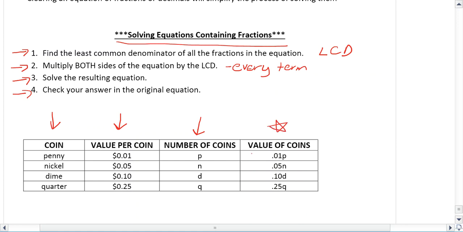When you're doing coin problems and you need to have a value equation, in other words, you have so many dollars in coins, this is how we use the variables together with the value of the coins to work in an algebraic equation. For instance, the number of nickels is N, and so the value we have, the amount of money we have in nickels, is 0.05N. So I would recommend writing this column down if you don't write down anything else from this table. We are going to refer to that in one of our examples.